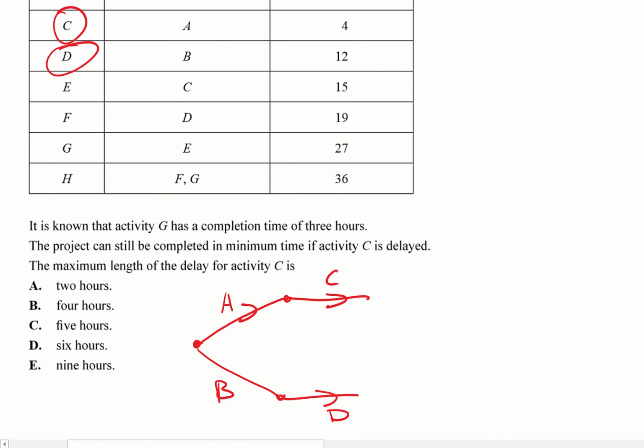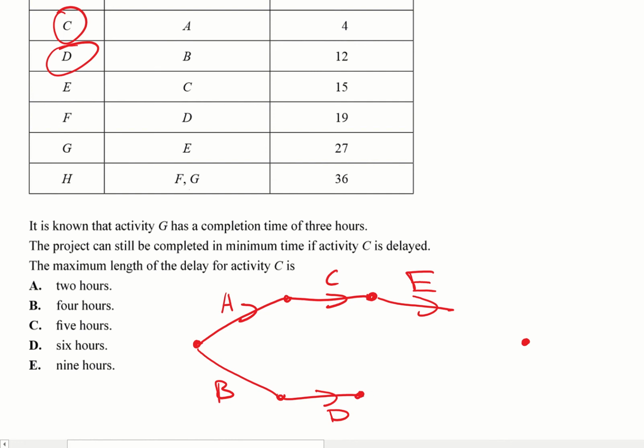All right, so at the moment E comes after C, so let's put activity E. D, is there anything coming after D? Well, F. So I'm going to have F. F comes after H, so let's put F and a G there.